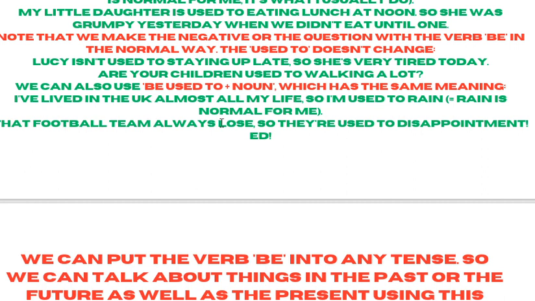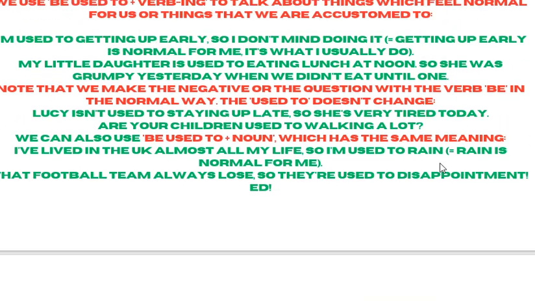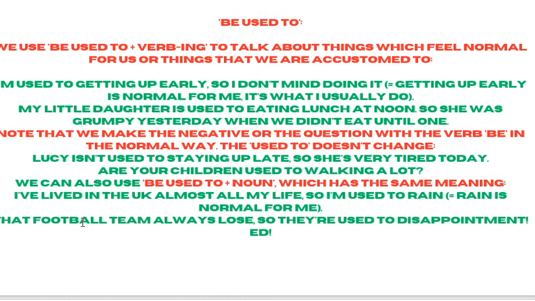That football team always loses, so they are used to disappointment. That football team always fails to win, so it has become habitual for them to be disappointed. Whenever they lose their game, it is normal for them.